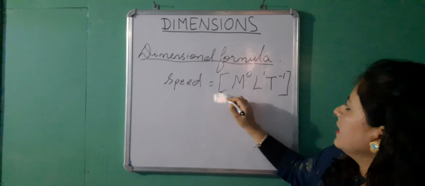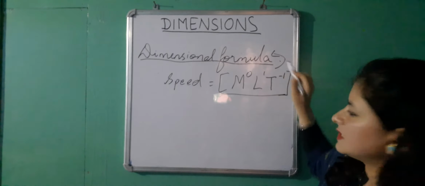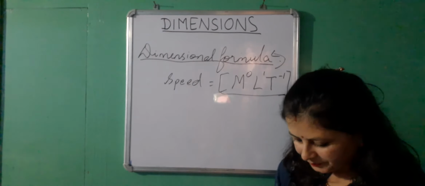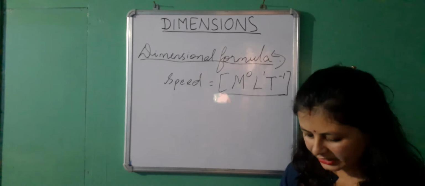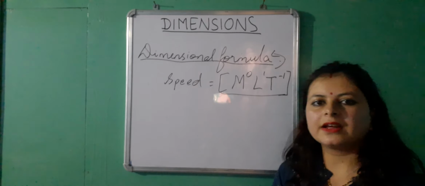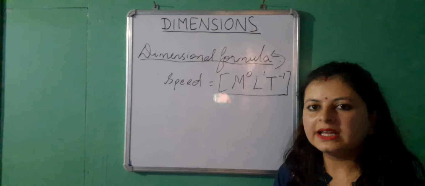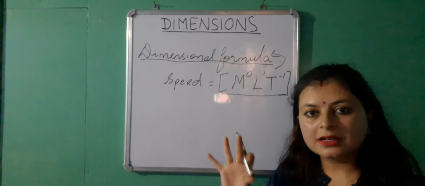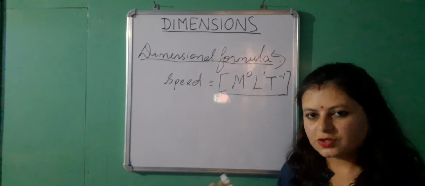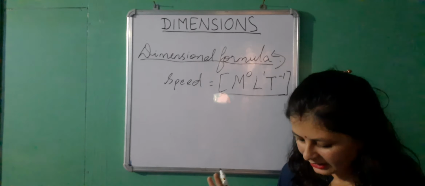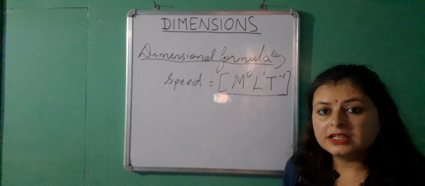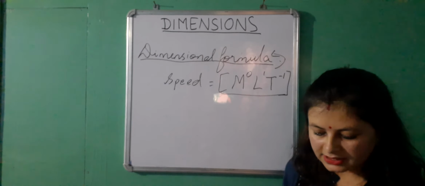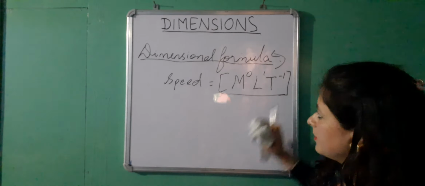So this is the dimensional formula for speed. Alright. So generally speaking, say Q is any physical quantity that takes help of the fundamental quantities for its expression.